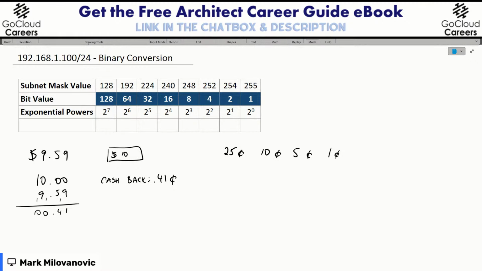In the most efficient manner, think about that. I got 41 cents. All right, I'm seeing 25, 25. All right, so 25. Let's go with that.